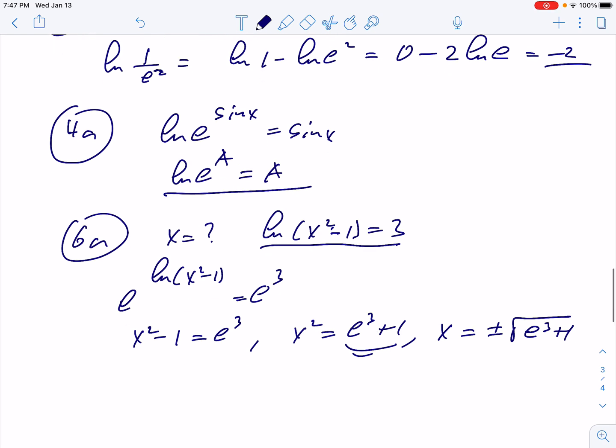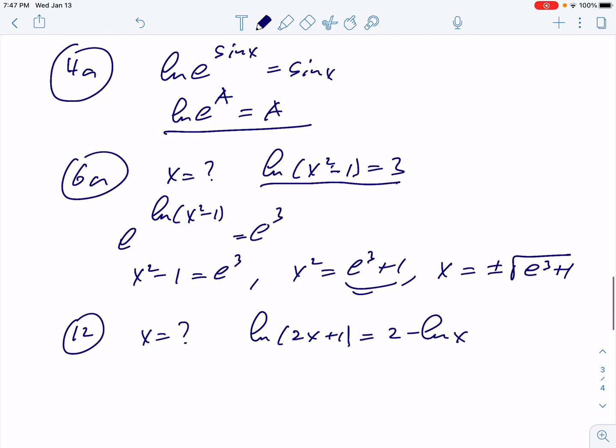Okay, let's see number 12. Again, solve for x in this logarithmic equation. Natural log 2x plus 1 equals 2 minus natural log x. Before solving the equation, we have to look here carefully to see what x are acceptable.